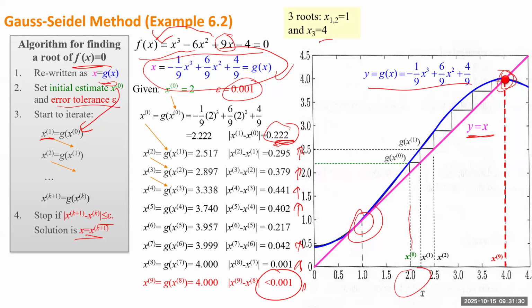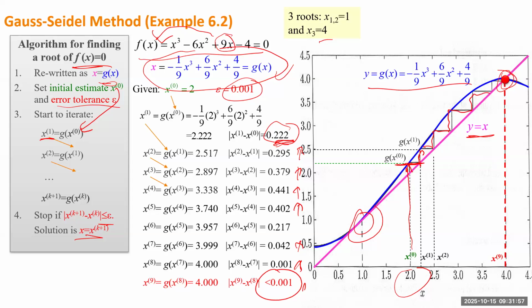We first plug into this blue curve, which is equivalent to moving up, following this vertical line. Then we plug back into the nonlinear function again, which is equivalent to moving to the right, following a horizontal line. Then we plug back into the vertical line. So you just climb up, following these stairs.